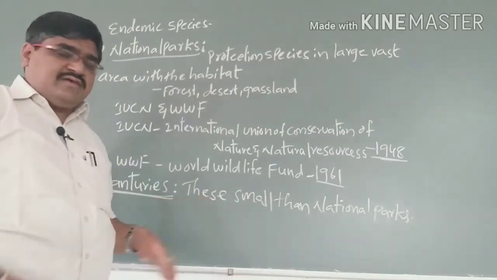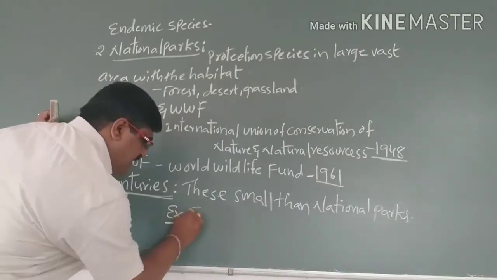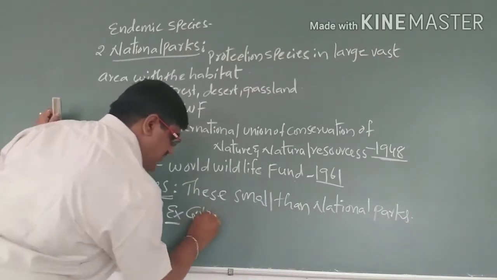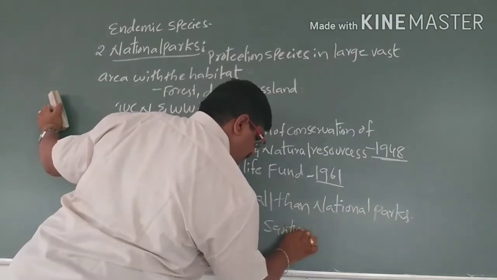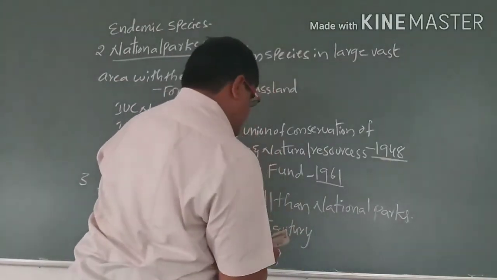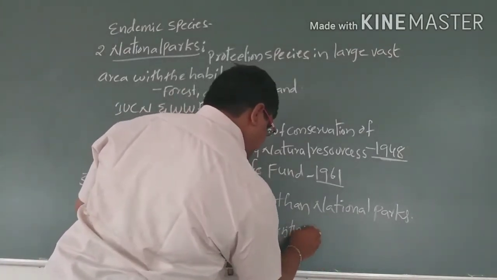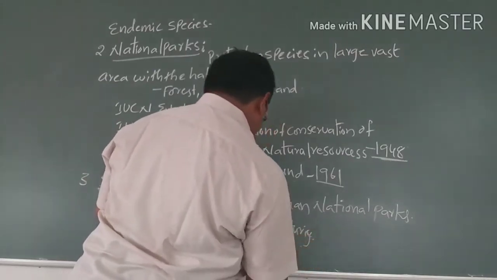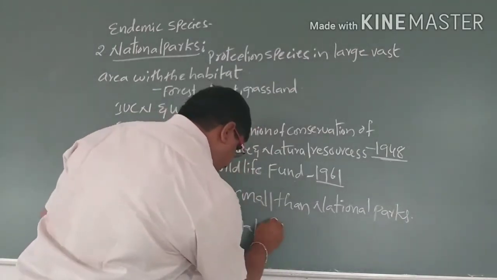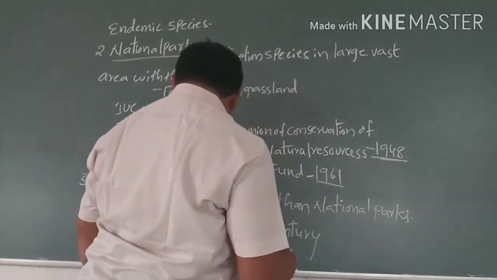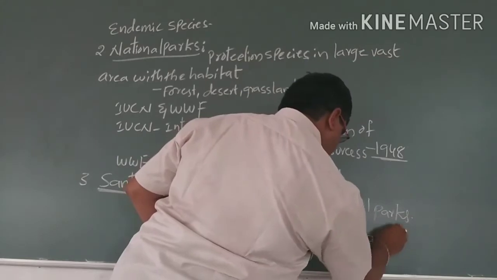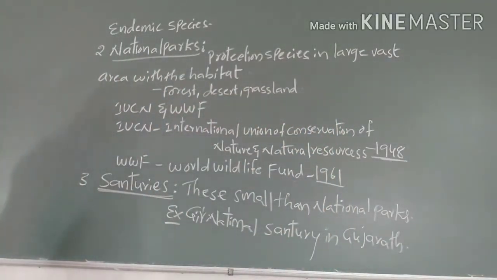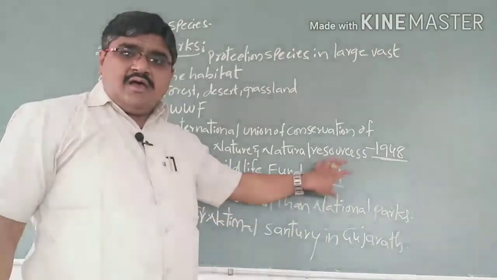These are examples of the various types of sanctuaries, which are smaller than national parks.